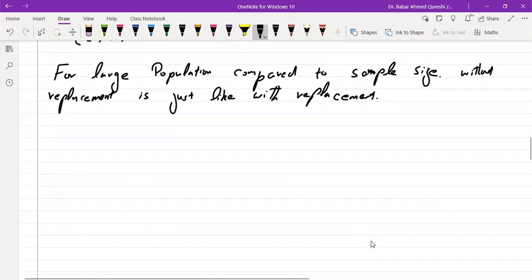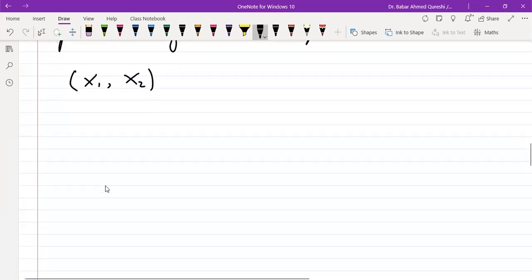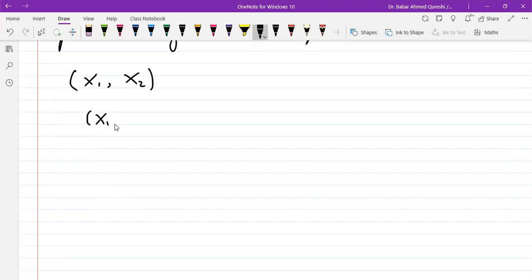Now, going back to that, when I choose 2, I have 2 variables. First of all, what is my sample space? What values can they have? Well, I'm doing it without replacement, which is the most common thing.